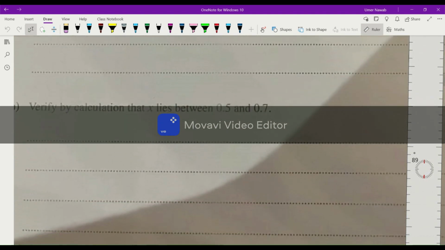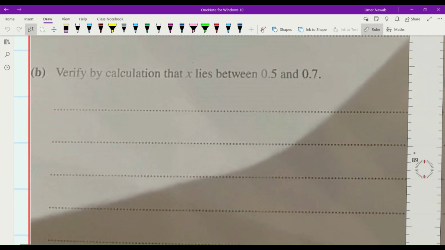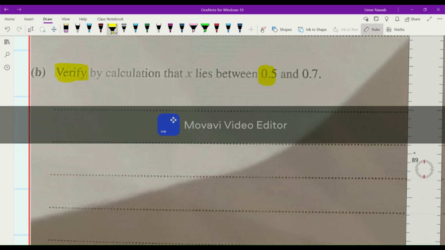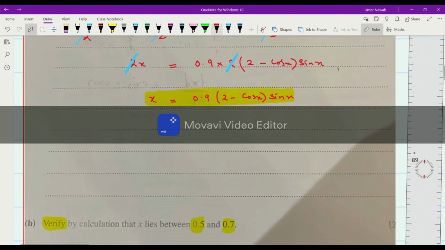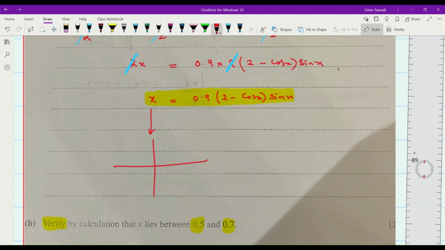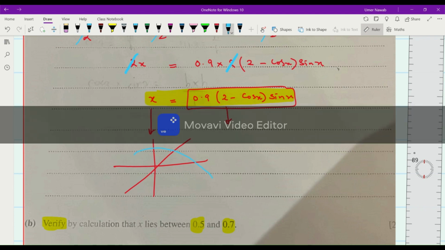So in numerical solutions, the first thing is whenever an equation comes in front of you, you have to verify that the root lies between two fixed values. In other words, if you try to draw this function, y is equal to x line, everyone knows that this is the y equals x line. And if you try to draw the graph of this, suppose this is the graph, I'm just drawing part of the graph.